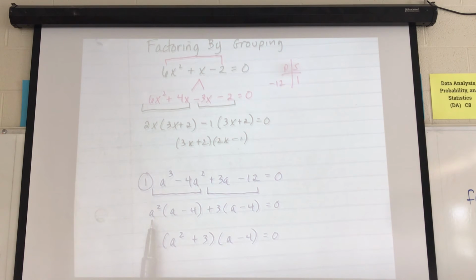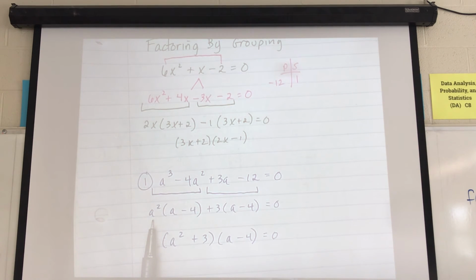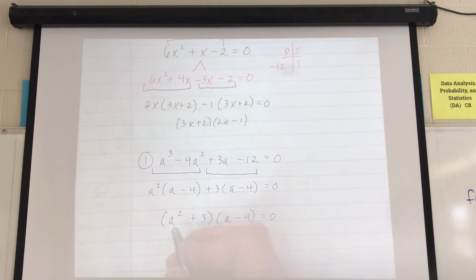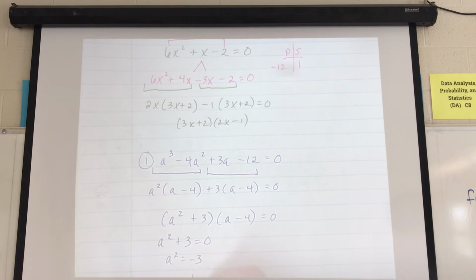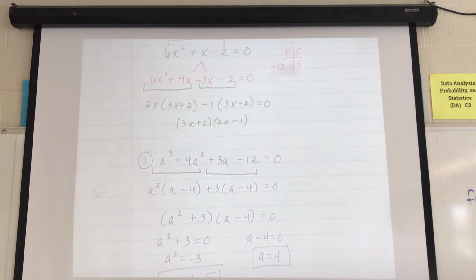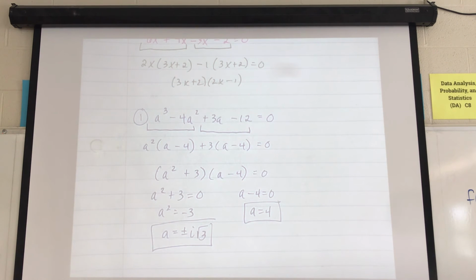The only difference is that this was a squared as a GCF, but same thing. We're going to set them each equal to 0 and solve. Don't get carried away. This guy's just a 4, no plus or minus, because it wasn't squared. There was no square rooting happening in that last term. So three answers: positive i radical 3, negative i radical 3, and 4.